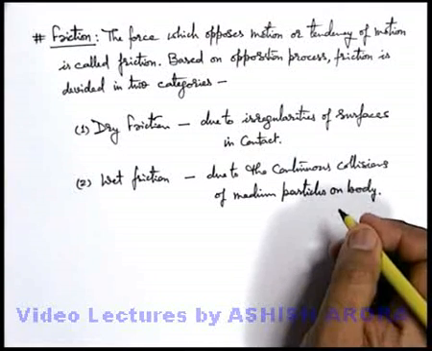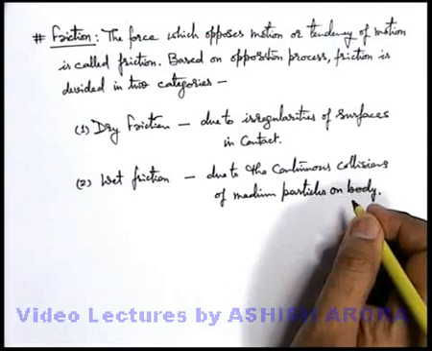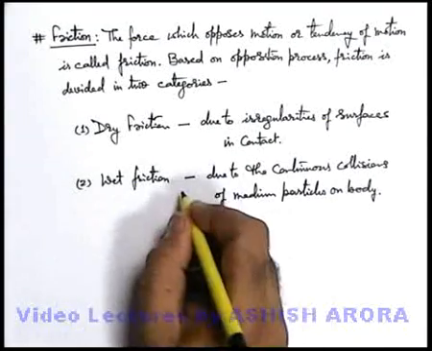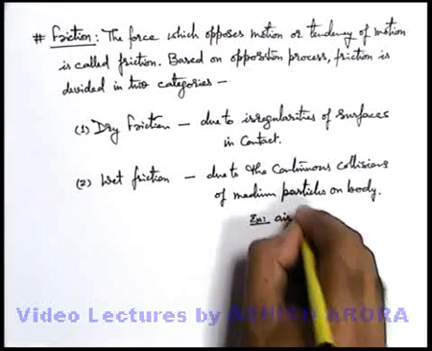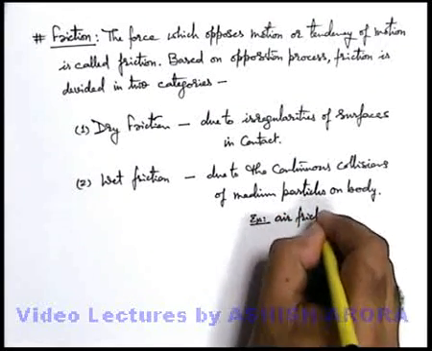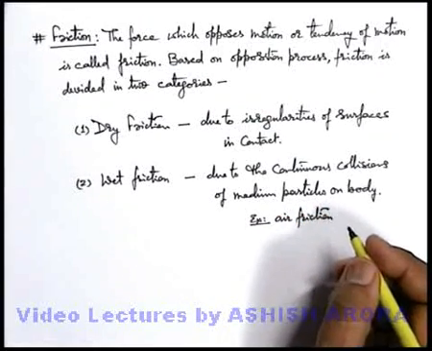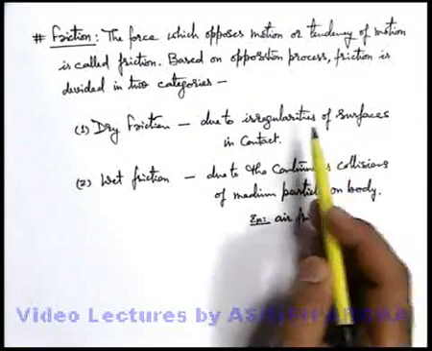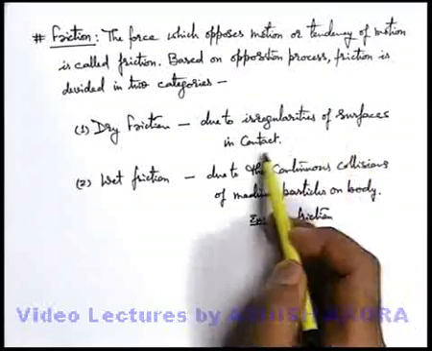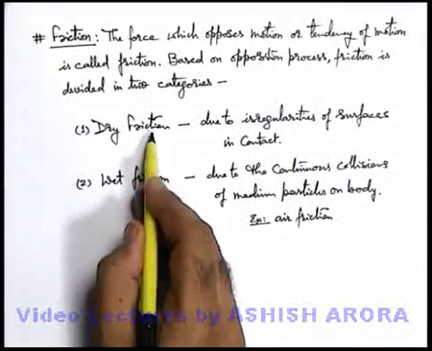The opposition due to continuous collisions of air particles we can call a type of wet friction. A simple example of wet friction is air friction. And the normal friction which exists due to contact of rough surfaces, or due to irregularities of surfaces in contact, is called dry friction.